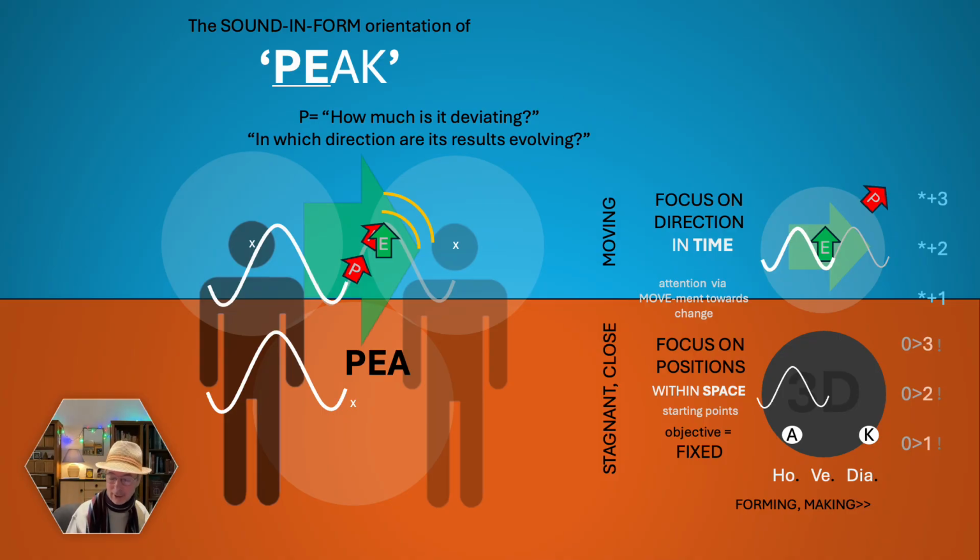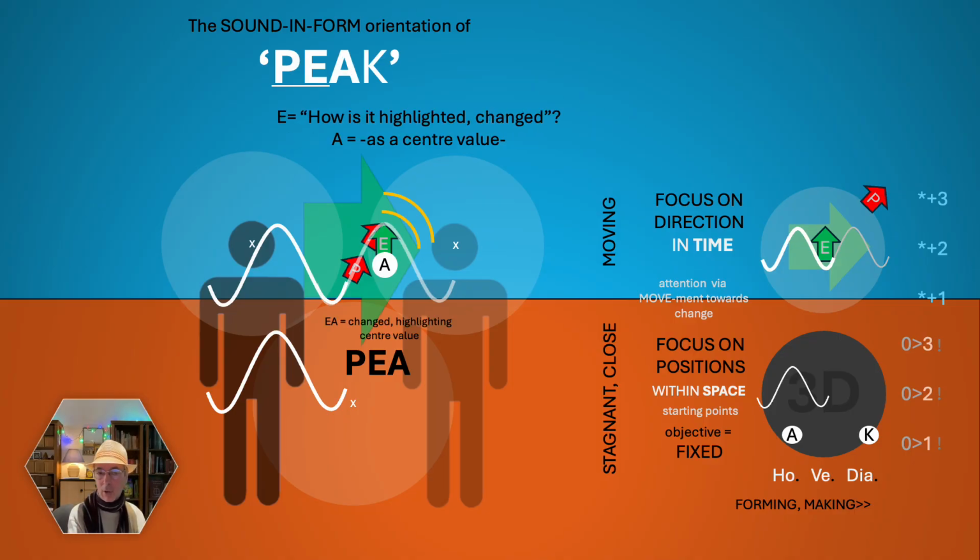That's the association with the letter E. But it's not the letter E alone, it's combined with the letter A. The letter A is about that middle point of focus, that centralized focus, that starting point focus, as you can see underneath. Here I will see where I can start from, where that continuation is possible, where that center value is also visible. That's how I have to associate A all the time.